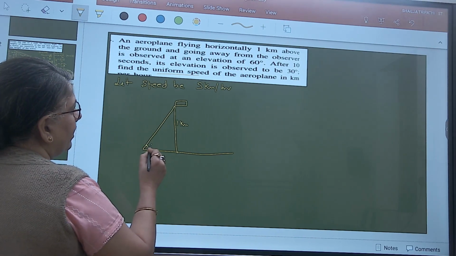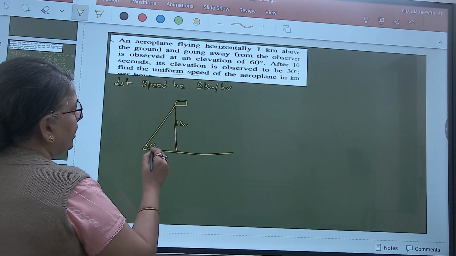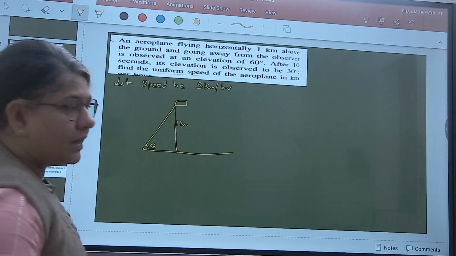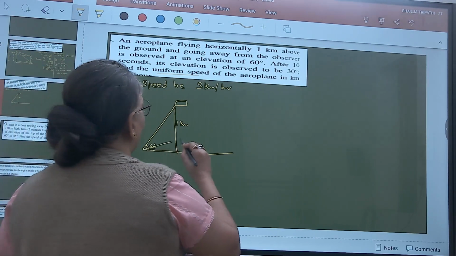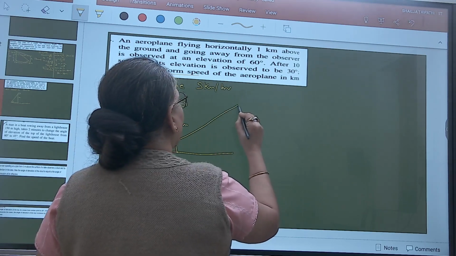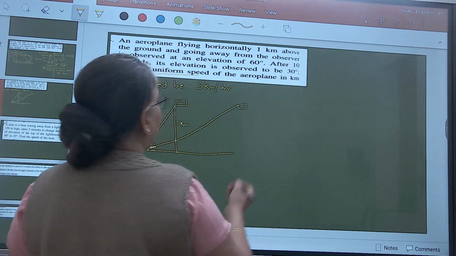At this point, the angle of elevation is 60 degrees. After 10 seconds, the elevation changes. Let us assume the aeroplane is here.